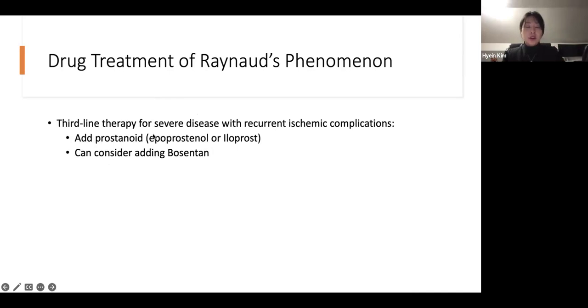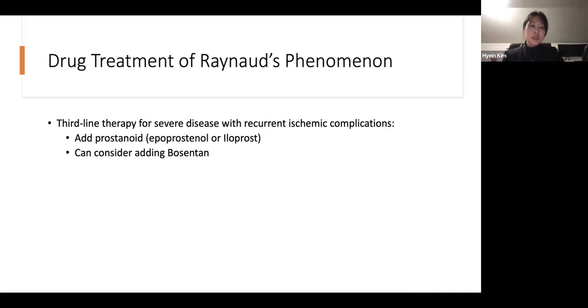So third line therapy, so these are patients with recurrent ischemic complications. So people who have that gangrene happening, or people who've had almost self-amputation happening a few times, those black necrotic lesions. In those cases, we want to preserve your fingers and prevent worsening of the necrosis.